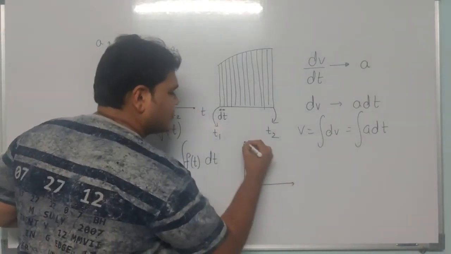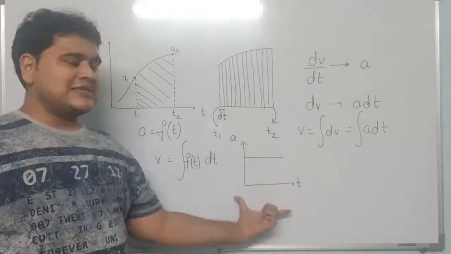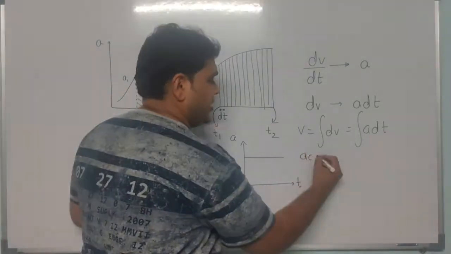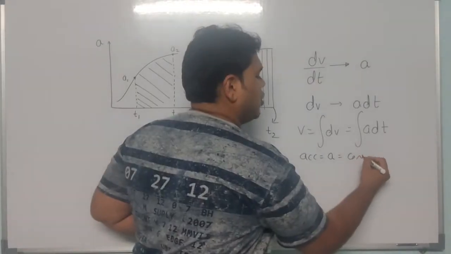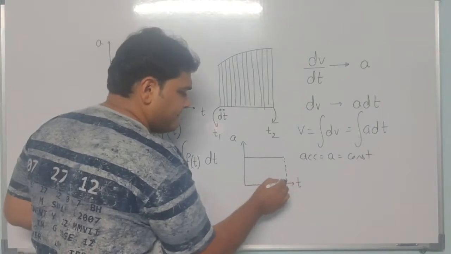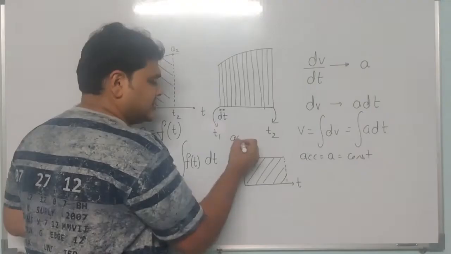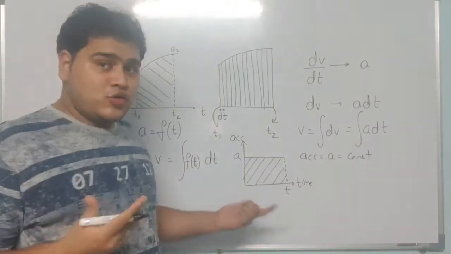Let's say I have a graph of acceleration versus time like this. I can say the acceleration is constant. Am I correct? So acceleration is a, let's call it a, which is a constant. In that scenario, if I take the area under this curve, the acceleration is a over here and time is, say, some t. I don't know the limit, okay?